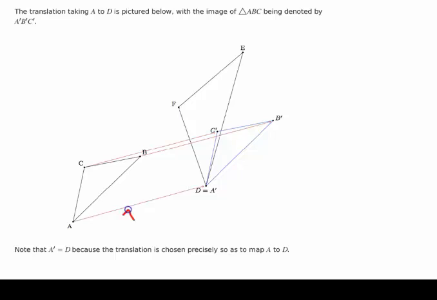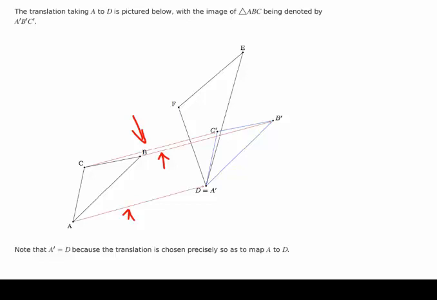The vectors for each of these translations, for when you're translating each of the points, are the same. So the length of that vector is the same, and the direction of the vector is the same, which means that all three of those vectors are parallel to each other. And so we've just taken that triangle and translated it over. So we've basically mapped A onto D.